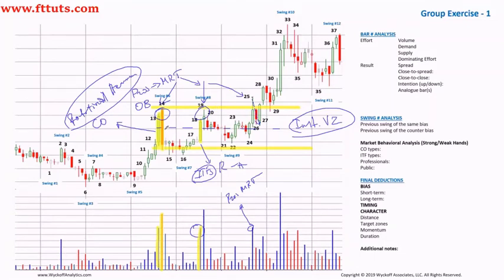And look at how the first time the mean reversion trade produced the largest reaction, then a smaller reaction, and then even smaller reaction. And that's on the background of somewhat diminishing effort, and result is diminishing.